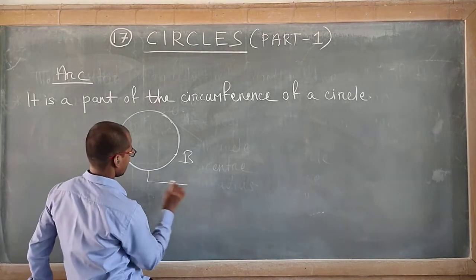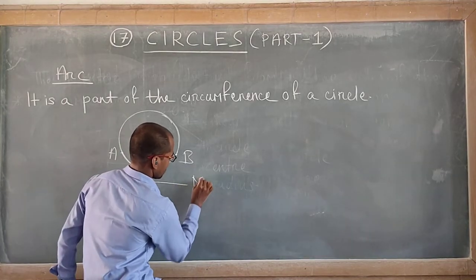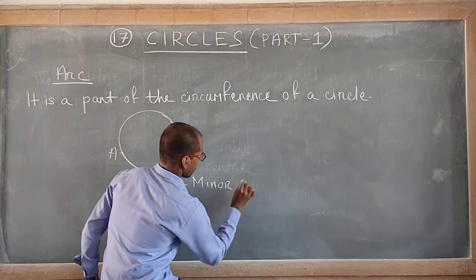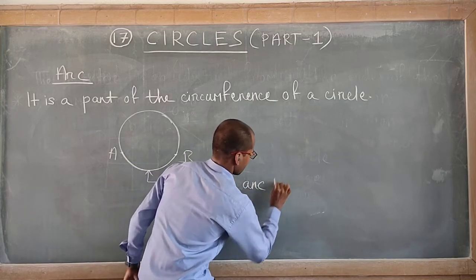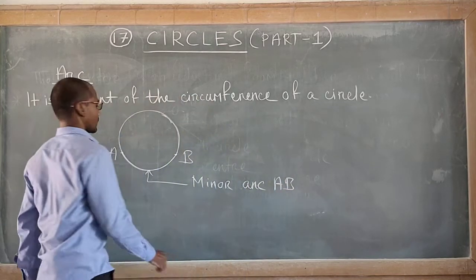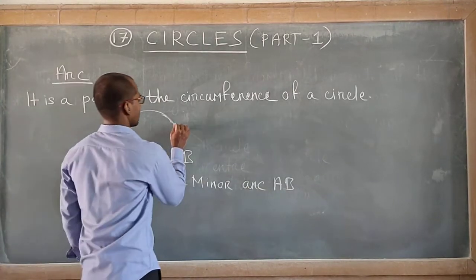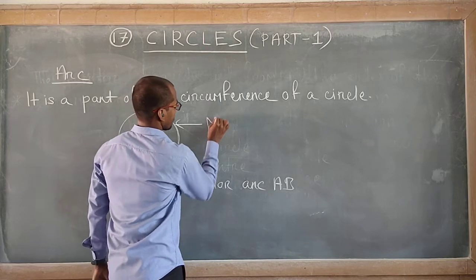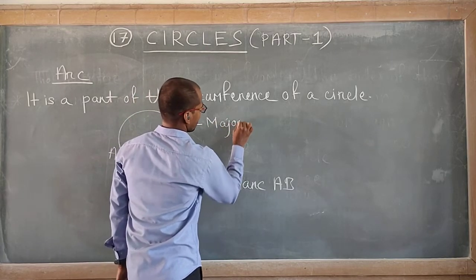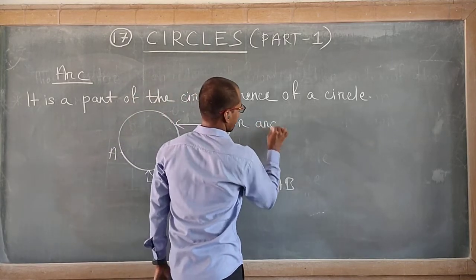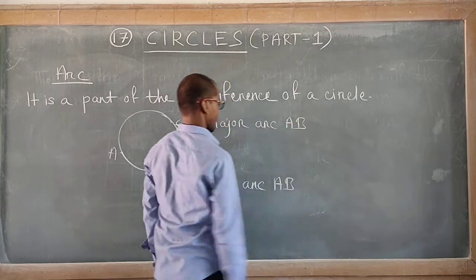So this is called minor arc AB. The smaller arc is called minor arc AB, and this bigger arc is called major arc AB.